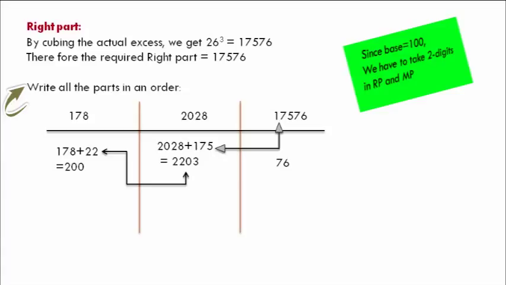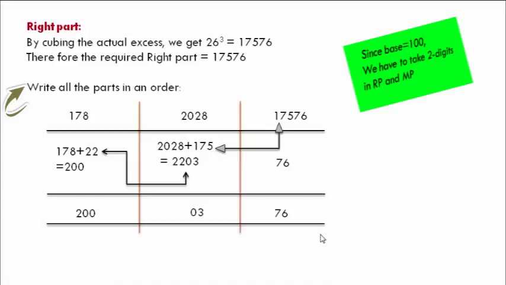After completing the process, let us place one more horizontal bar and take down the required digits. We take in the right part 76, in the middle part 03, and in the left part 200. By clubbing all these three parts, that is 200, 03 and 76, we get the required answer.